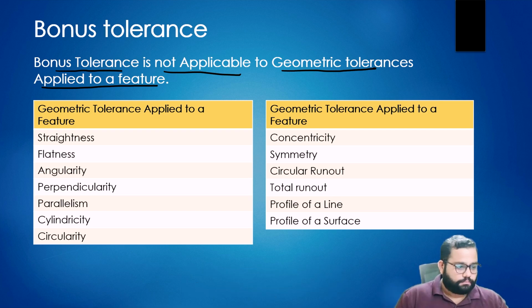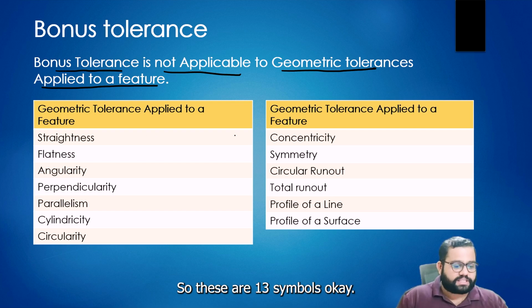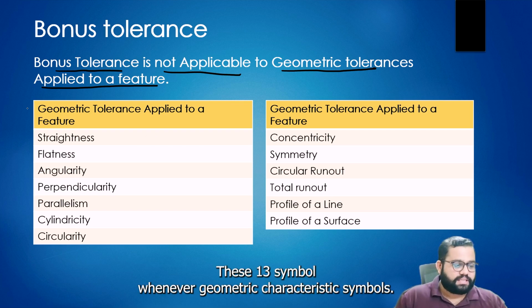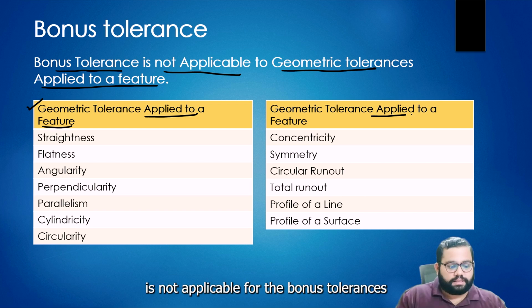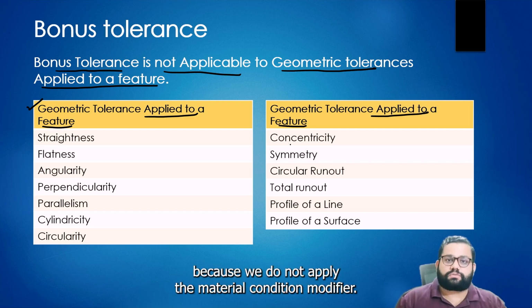So these are 13 symbols which, when applied to a feature, are not applicable for bonus tolerance, because we do not apply the material condition modifier.